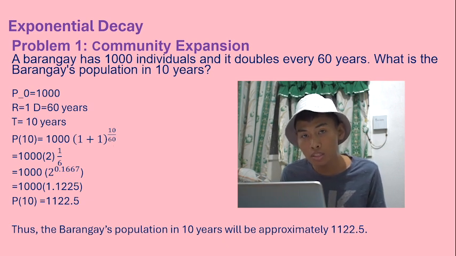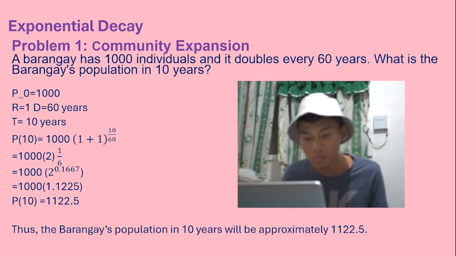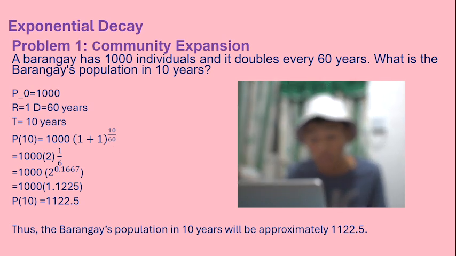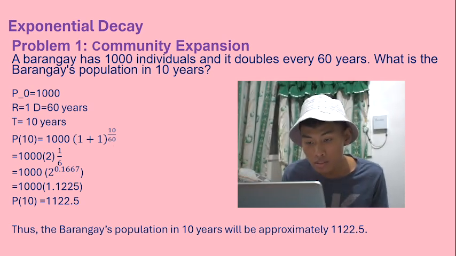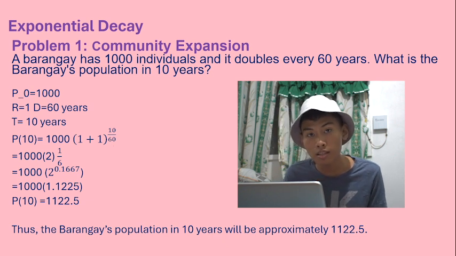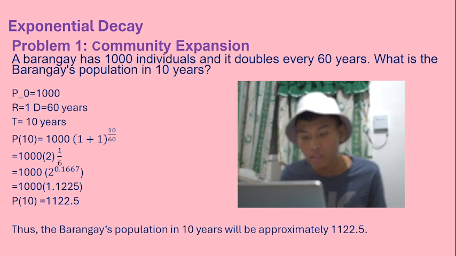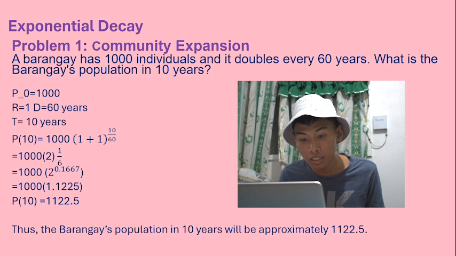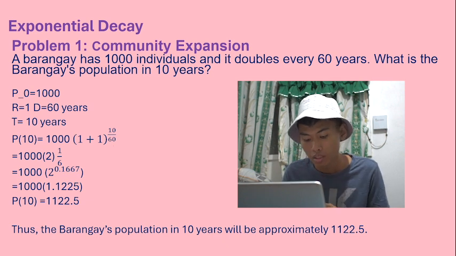Now, if we substitute those variables in the formula, it becomes P of 10 equals 1,000 times (1 plus 1) raised to 10 divided by 60. Following PEMDAS, we start by calculating the parentheses. So 1 plus 1 is 2. Then we divide 10 over 60, wherein we get 1 over 6.